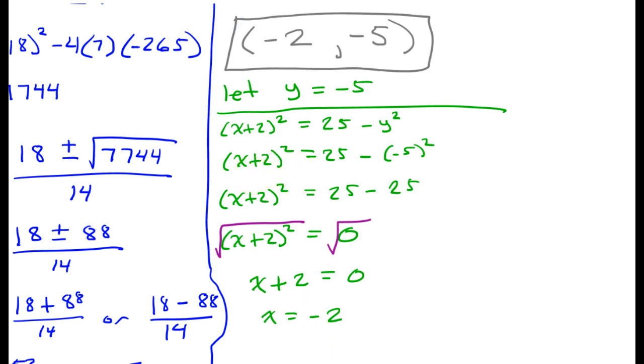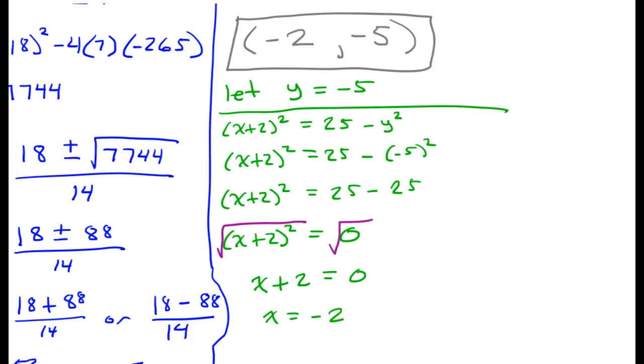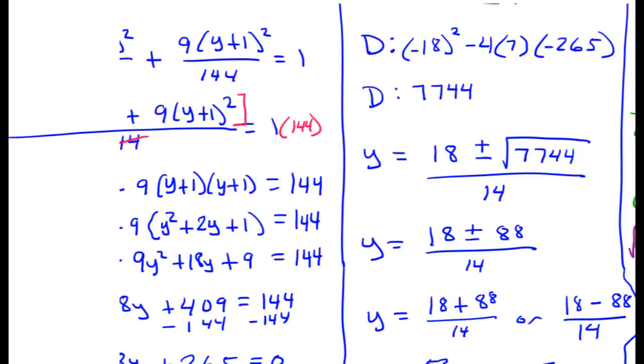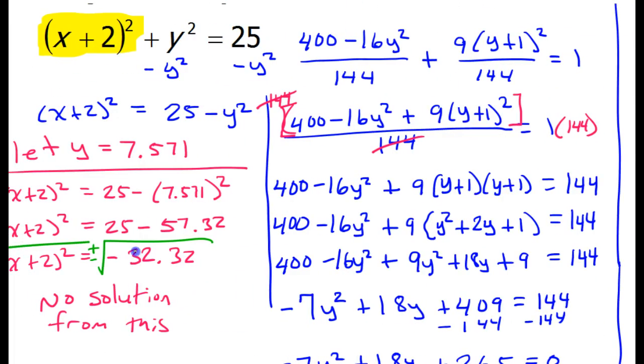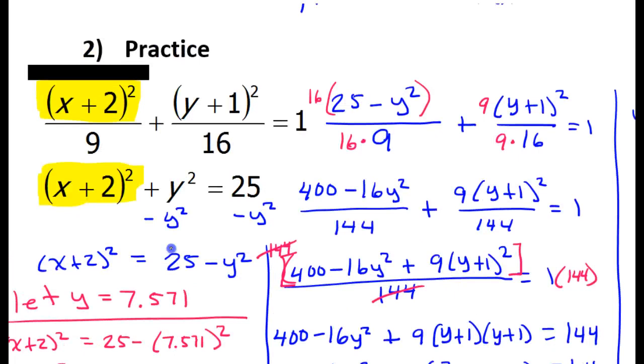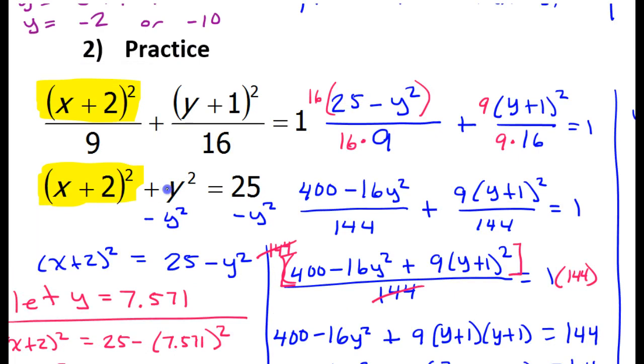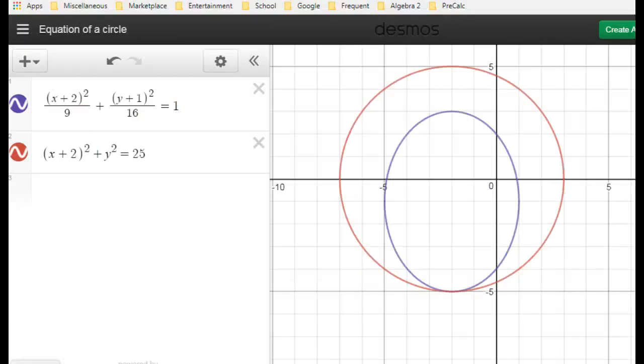So it's going to be interesting to see on Desmos.com how this looks, so that we got this one solution. Okay, so let's remember what we had. Oh yeah, we had a circle and an ellipse, and here we've got one solution. So it'll be really fun to see what this looks like on Desmos. How neat is this, y'all?